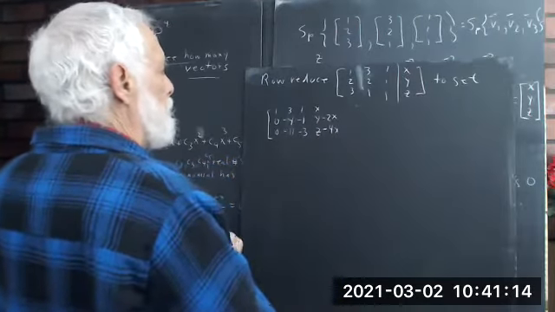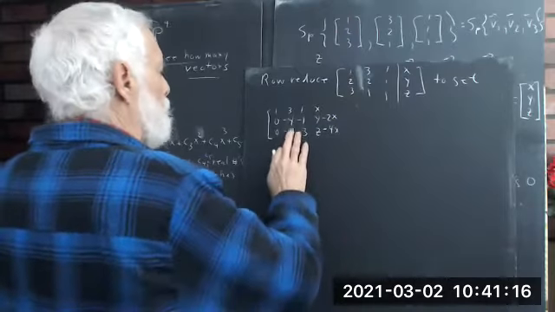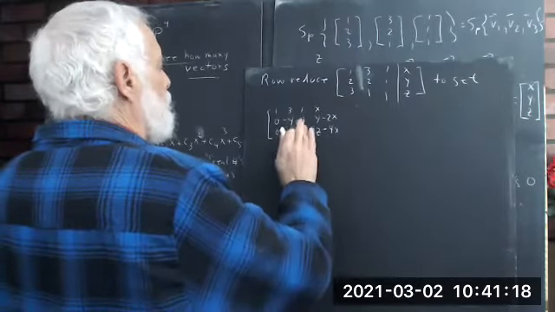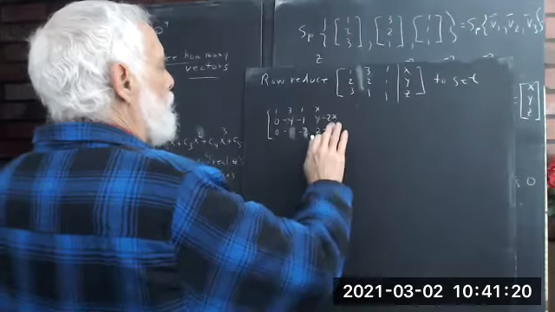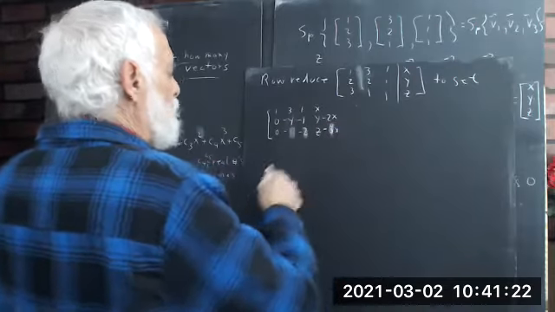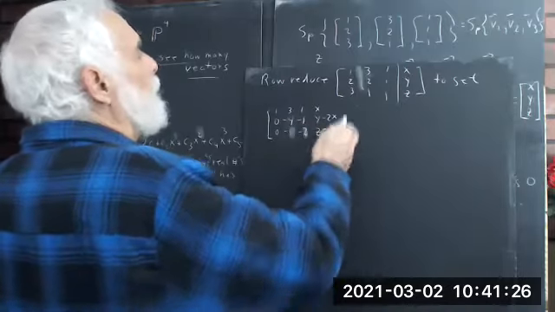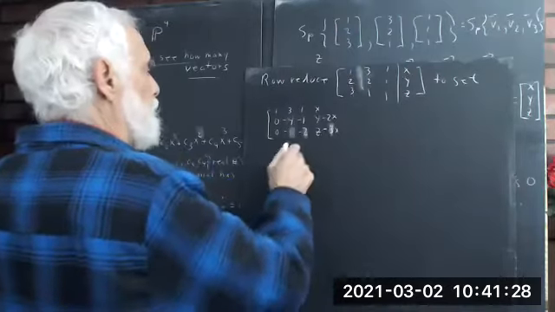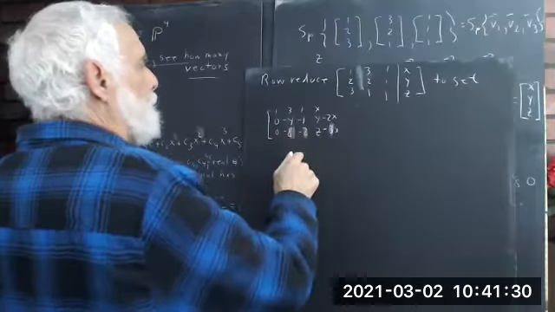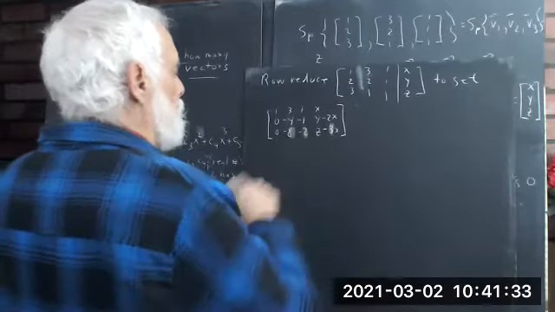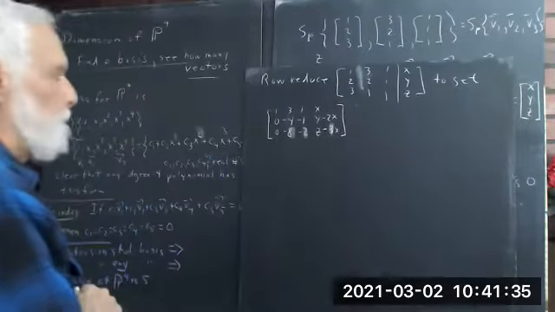Not 4x. I'm not sure where I got 4, but I did in my feeble head here. Subtracting 3 times the first row from the third, we're going to have -8, -2, and so forth. Okay.